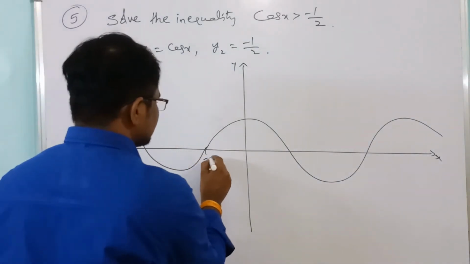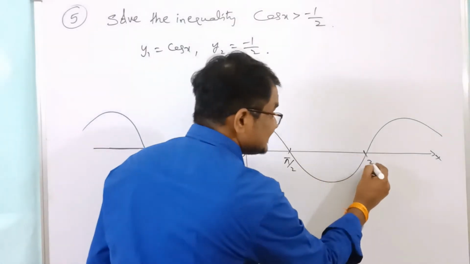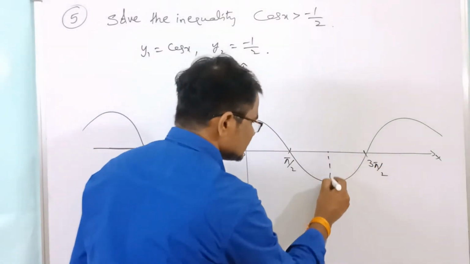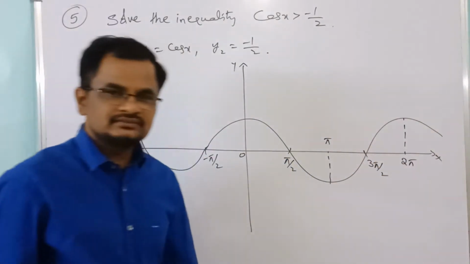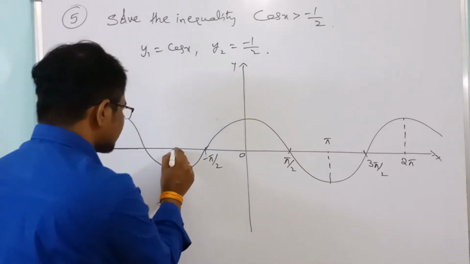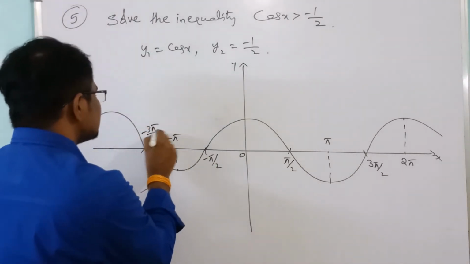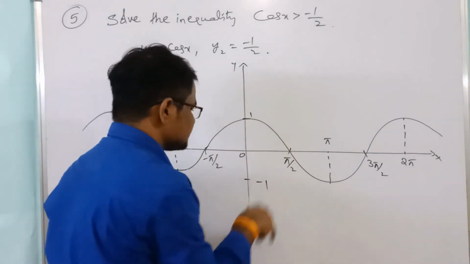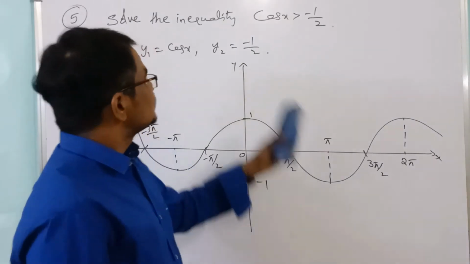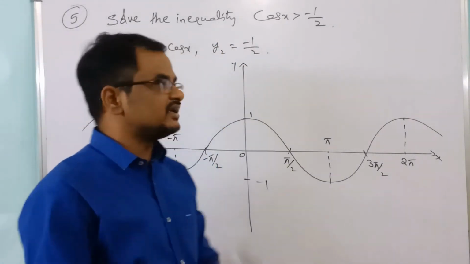So here minus pi by 2, here plus pi by 2, here 3 pi by 2, here pi, here 2 pi you will get. Okay? Next, here minus pi, here minus 3 pi by 2. So this is 1, here it is minus 1. So two graphs are there, where they are intersecting, that you identify.